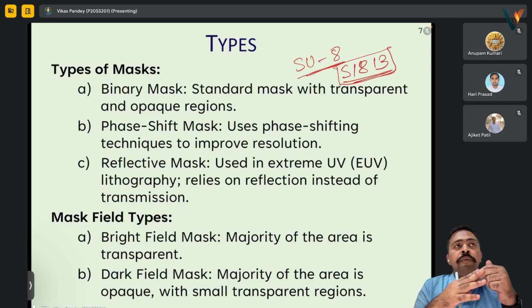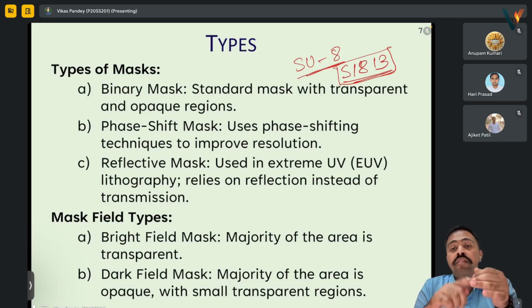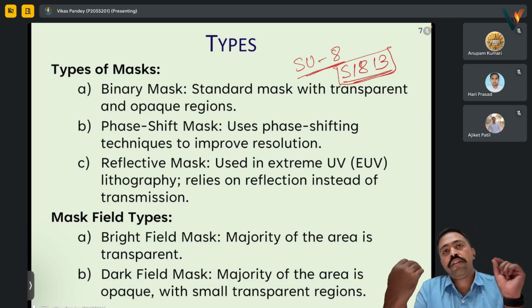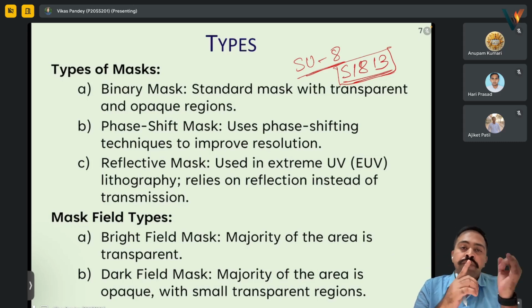So it will depend on what kind of developer you are using and what is the thickness. Same developer, same resist, but if you have a thickness of say 1 micron and 2 micron, it will be different. So the time depends on the type of developer we are using as well as the thickness of the resist.